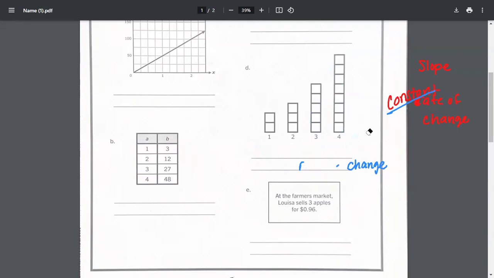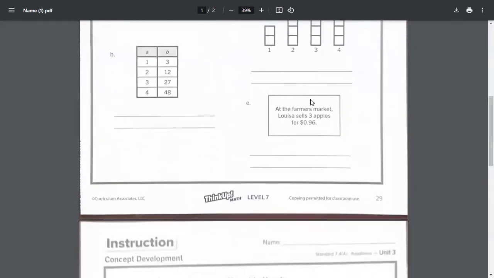All right. Then letter E, I'm going to throw this down a little bit. It says, at a farmer's market, Luisa sells 3 apples for 96 cents. So she sold 3 apples for 96 cents. And I wrote that wrong. Whenever you're doing anything with money, you're comparing, like I had 3 apples, 96 was talking about dollars.